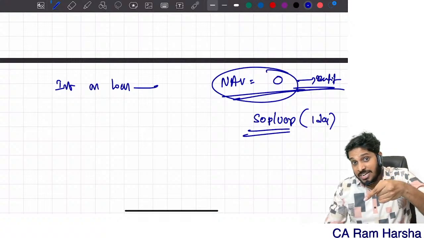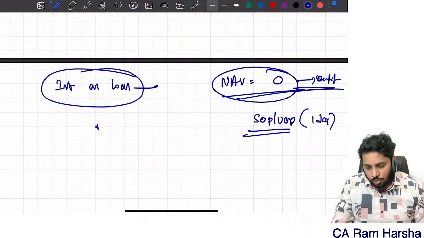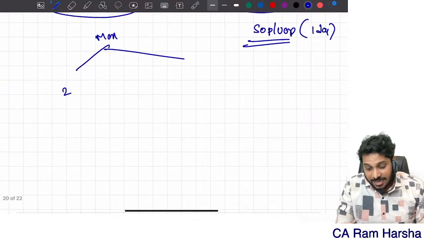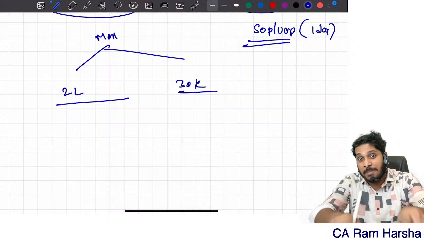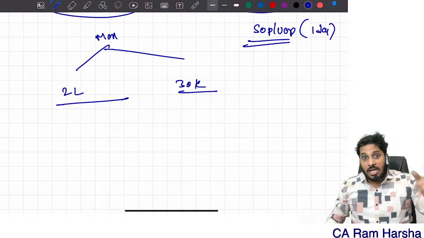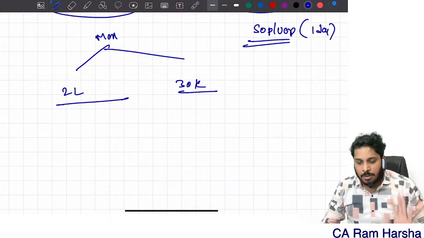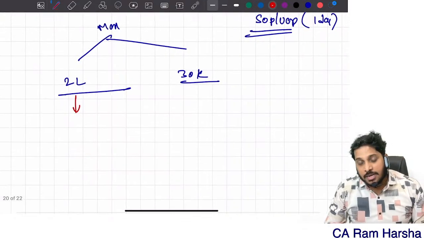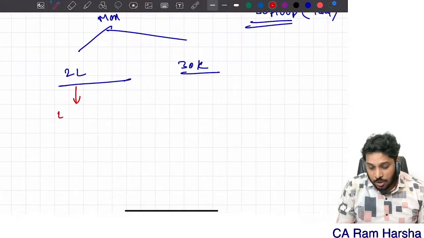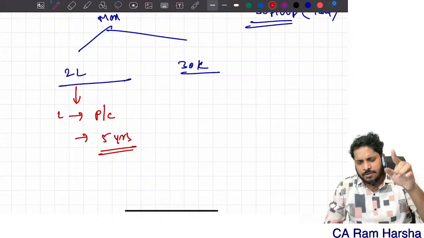If this benefit is claimed for a particular property, interest on loan maximum deduction is either 2 lakh or 30,000 as the case may be. What is 'as the case may be'? The 2 lakh limit is applicable when the loan is borrowed for purchase or construction, and the construction or purchase is completed within 5 years from the end of the year in which the loan was borrowed.